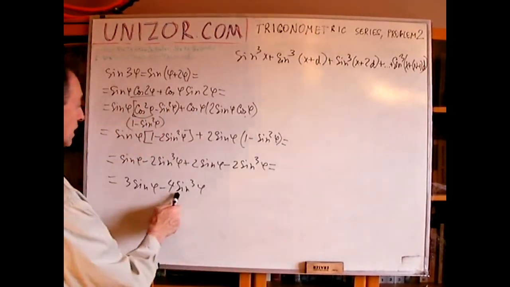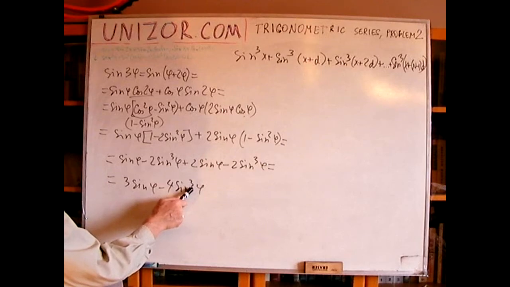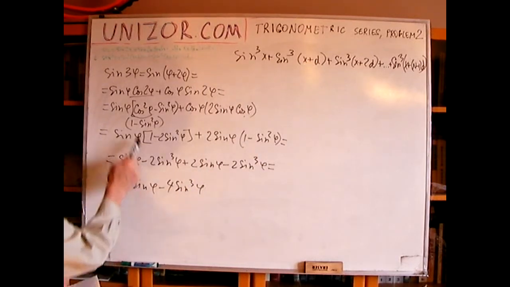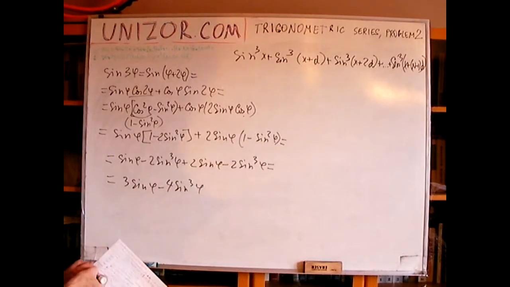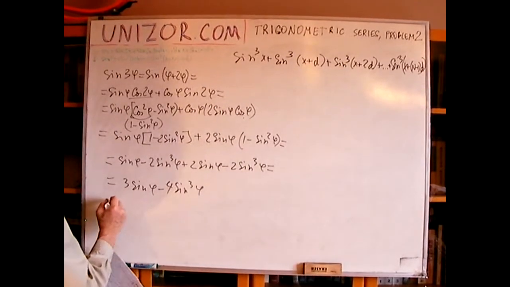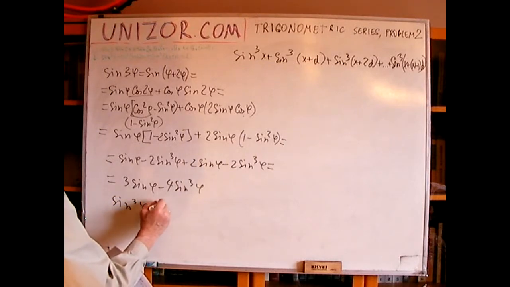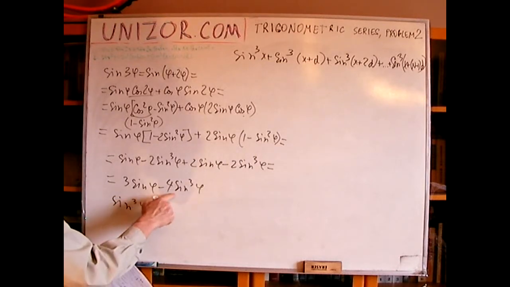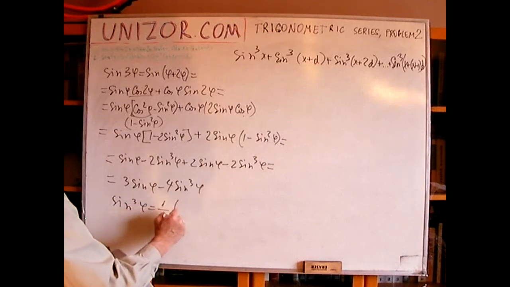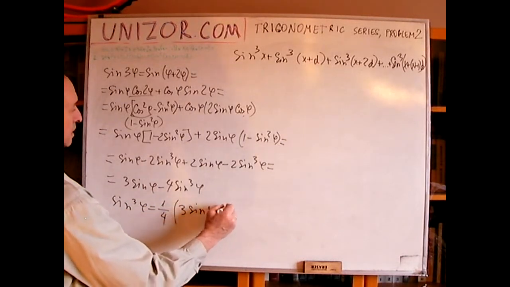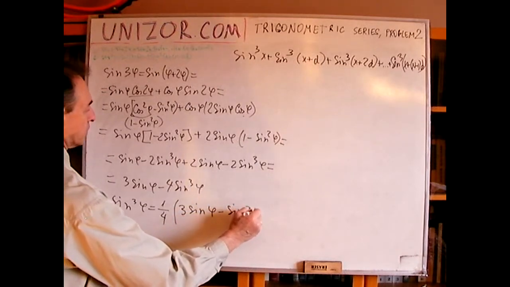Well, because I can express sine cube in terms of sine phi and sine 3 phi, right? So sine cube phi is equal to 1/4 of 3 sine phi minus sine 3 phi. All right?